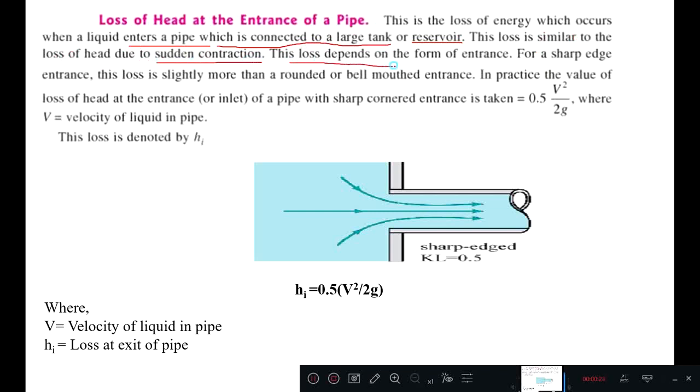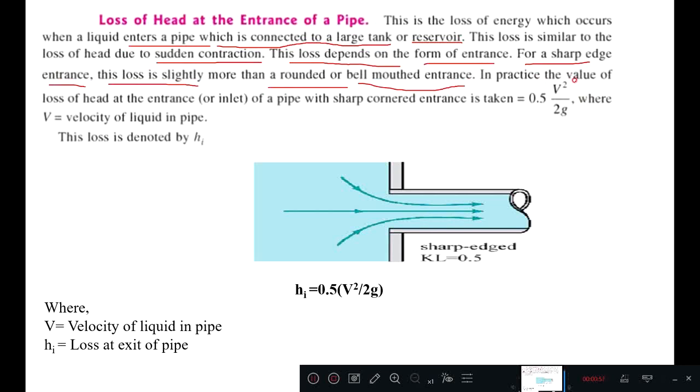It depends on the form of entrance. For a sharp edge entrance, this loss is slightly more than for a rounded or bell-mouthed entrance. So when you compare the sharp edge entrance with the rounded or bell-mouthed entrance, the sharp edged entrance will have more losses.